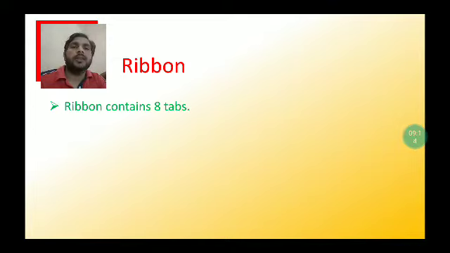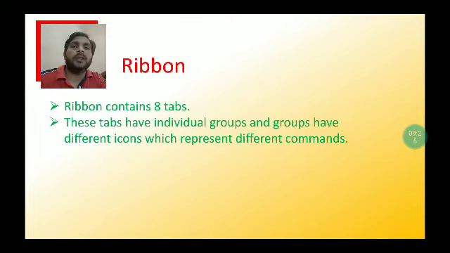The ribbon contains 8 tabs, as you must have seen in the picture. These tabs have individual groups, and groups have different icons which represent different commands. Each tab has its own groups, and these icons represent different commands.